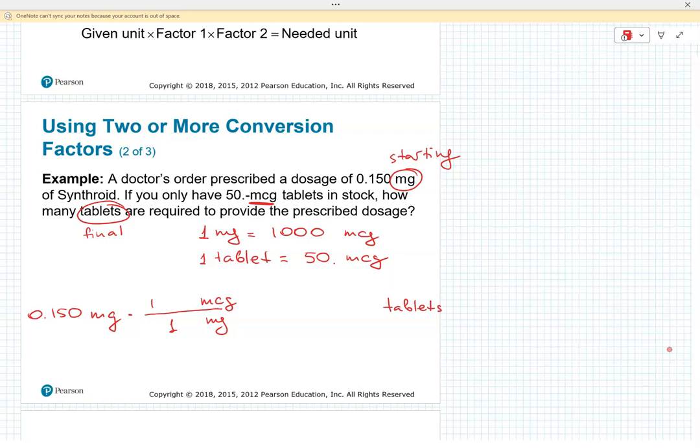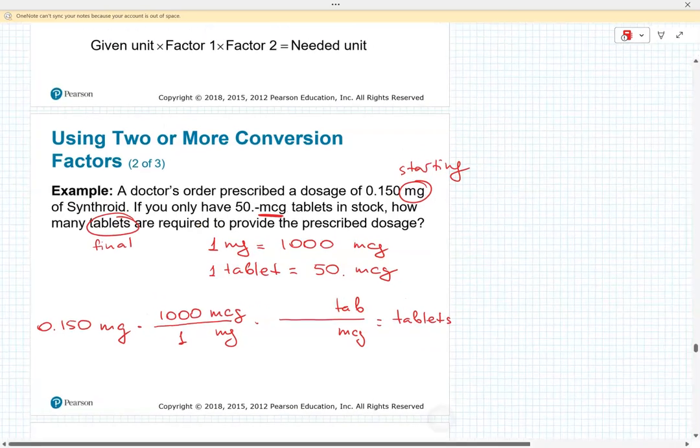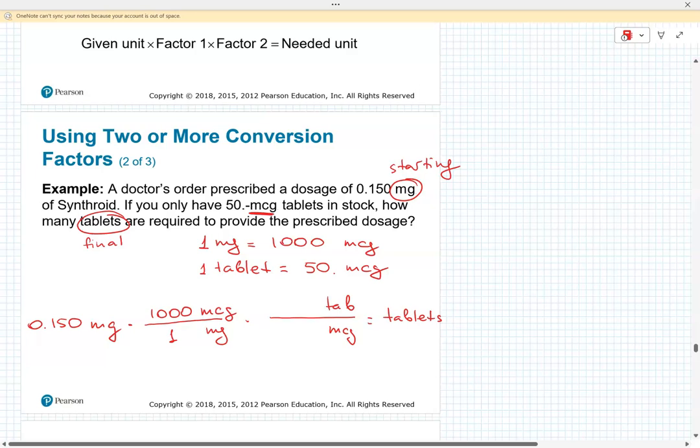Top. What is the next conversion factor? Micrograms on the bottom, tablets on top. What numbers? Say again? Yes, but where and where? One tab for 50 micrograms.